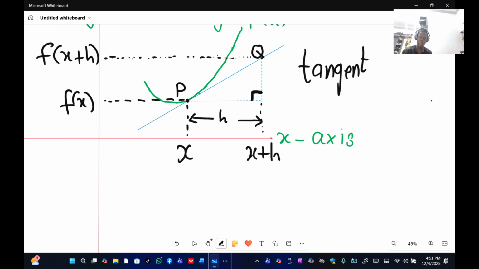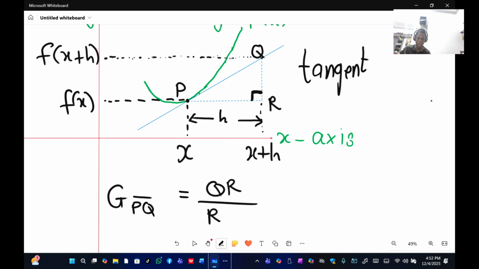So the slope of PQ, the gradient of line PQ, will be equal to QR divided by RP over here.